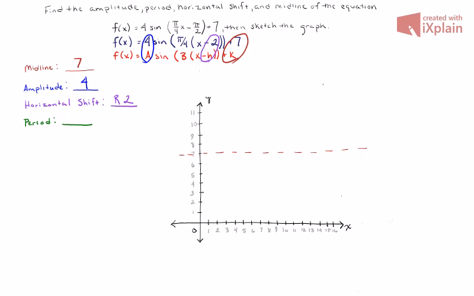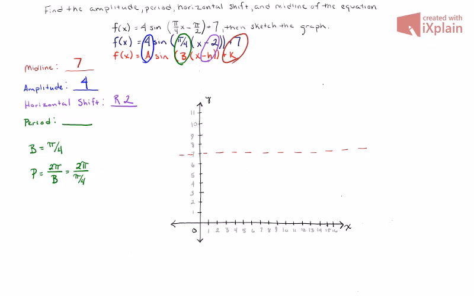The period is going to involve a little bit more lifting here. We know that b is equal to pi over 4, but please note that b does not represent the period. We do know, however, that the period can be found by doing 2 pi divided by b. If we do a substitution, we have this complex fraction of 2 pi divided by pi over 4.